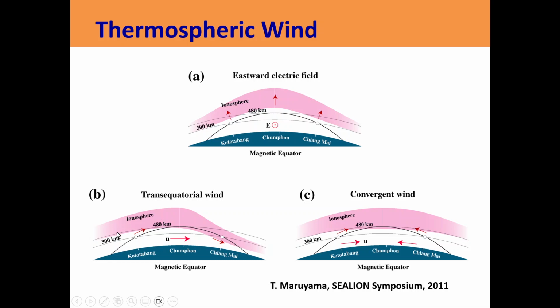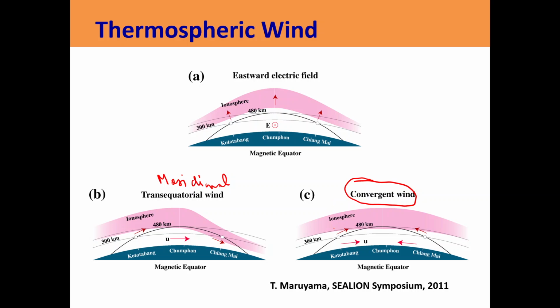One is called trans-equatorial wind, the meridional wind, right? And another type he calls convergent wind.